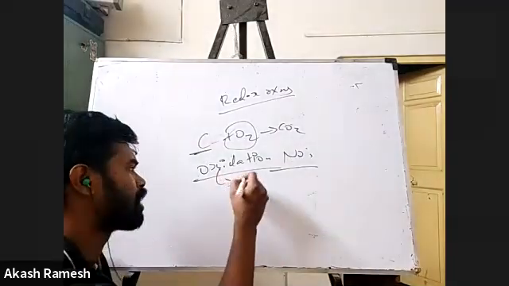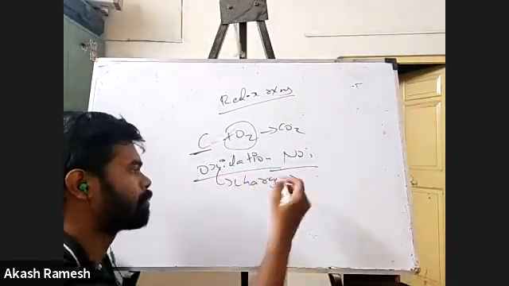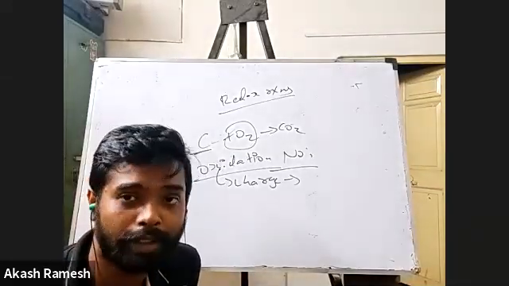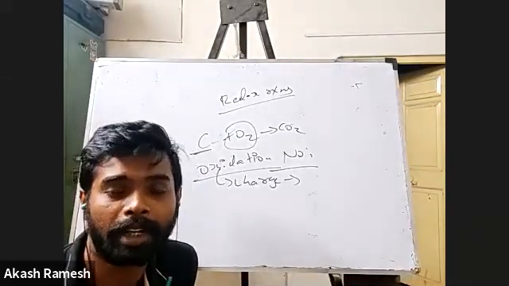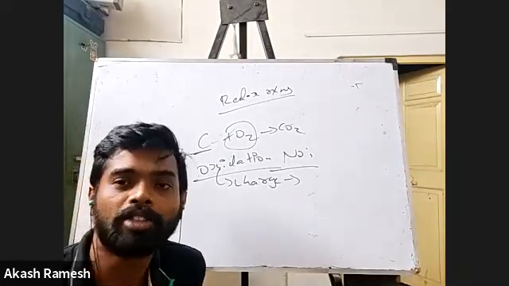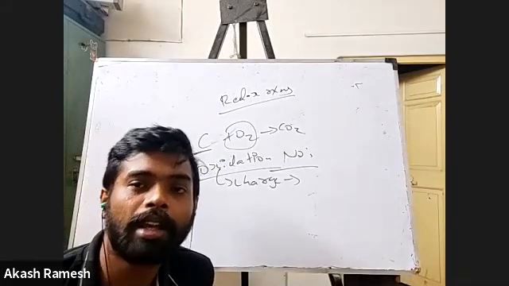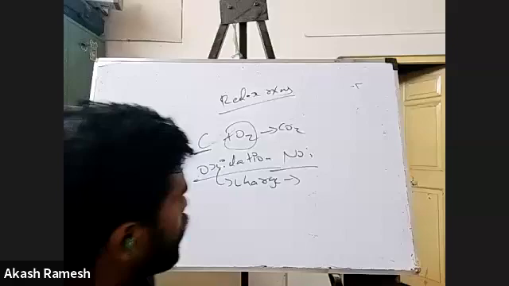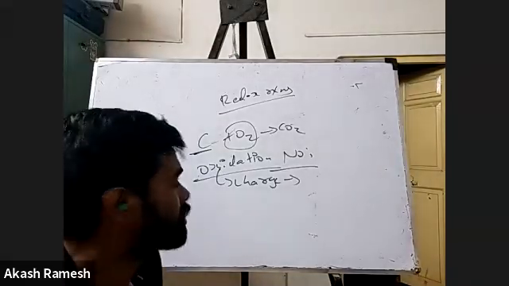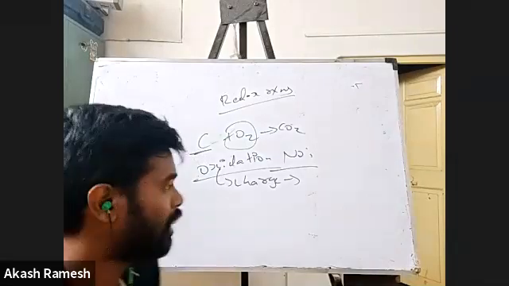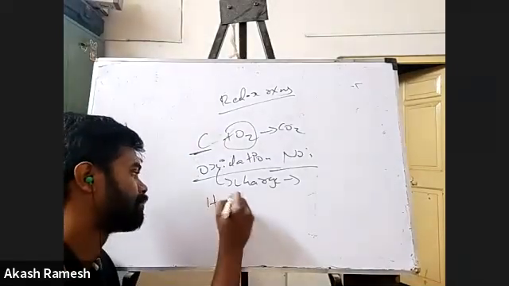Some elements can have different oxidation numbers in different compounds, but again, it is the charge possessed by the particular element in a compound. Now, there are certain standard values of oxidation number for certain elements. For example, first if you take hydrogen.